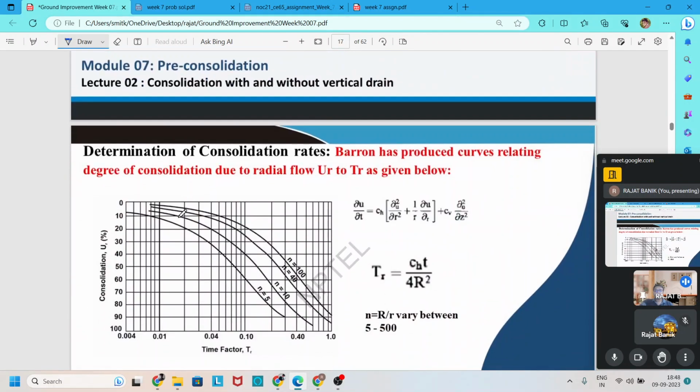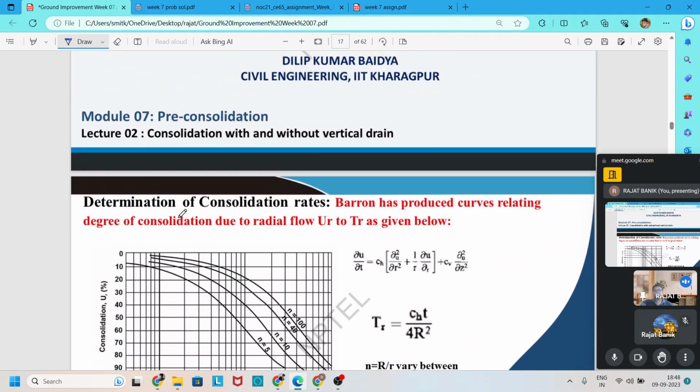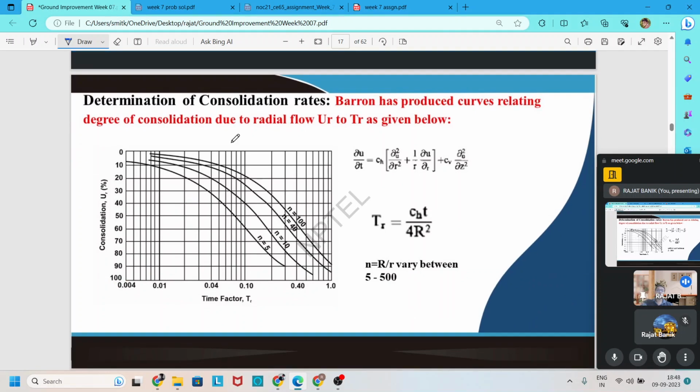Coming to lecture 2 of this module 7, we discuss the rate of consolidation for the radial direction and for the vertical direction.